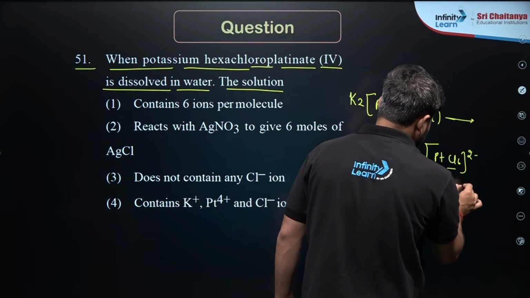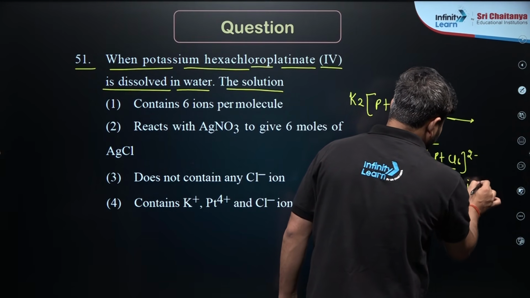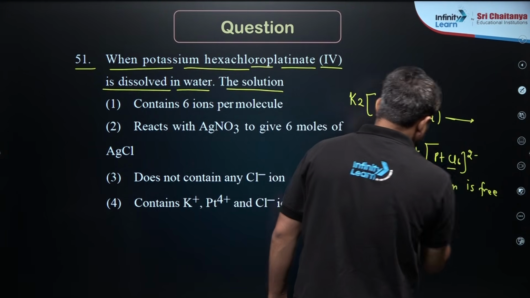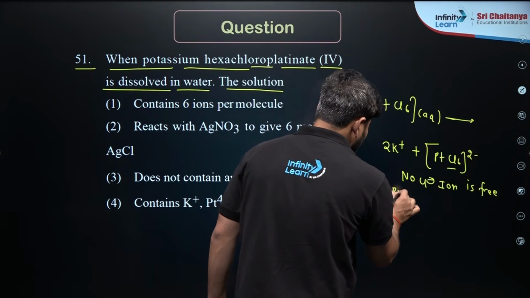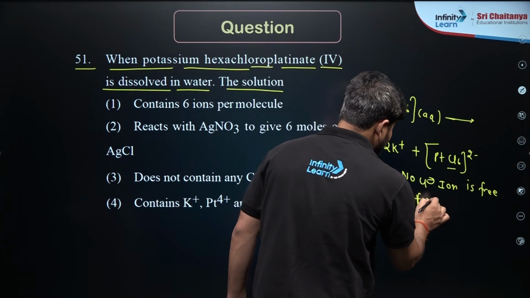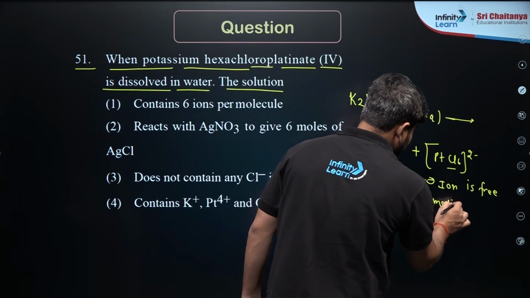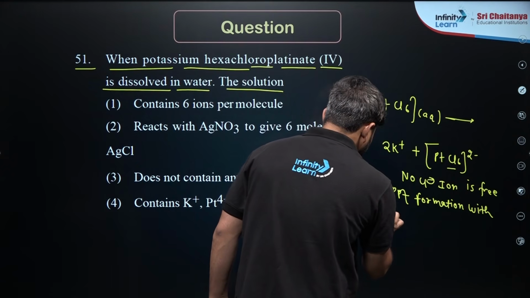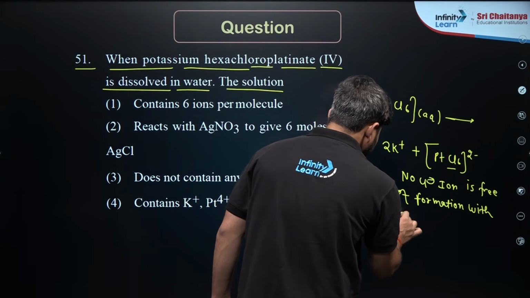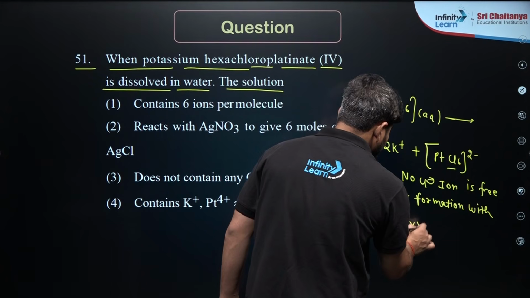No Cl- ion is free for the precipitate formation with AgNO3. Please remember, with AgNO3. So here no Cl- is free.